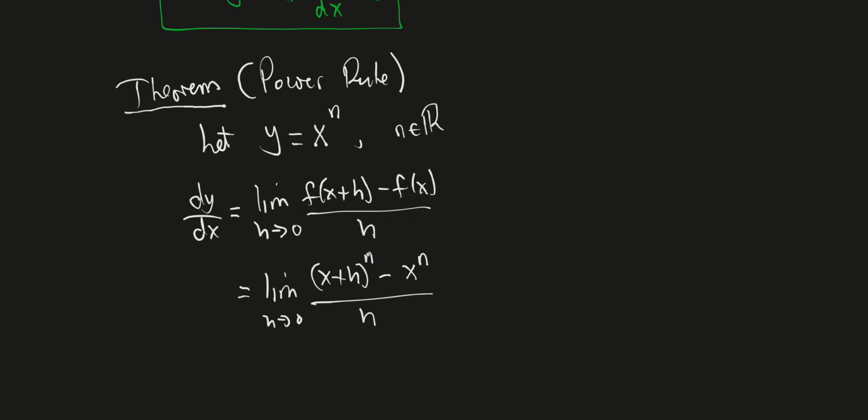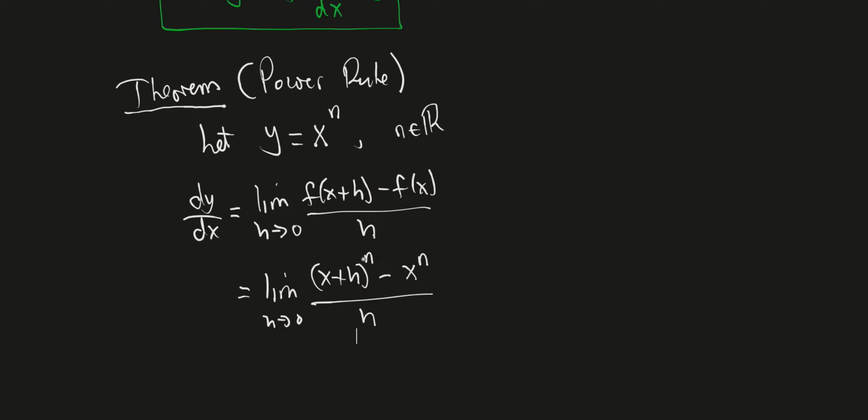Now, the reason why we need this special result from algebra is because I don't know what the power is. Is it 2? Is it 3? Is it 1,000? I don't know. So I can't say, okay, we're going to FOIL it out this many times, because I don't know how many times that would be, right?